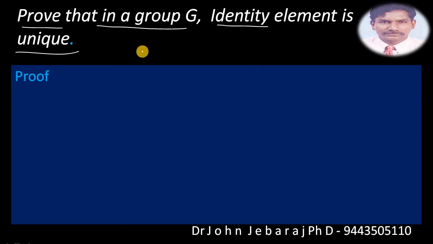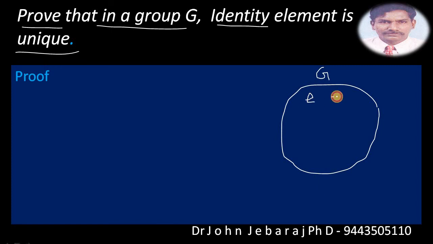Now let us prove it by this diagrammatic way, and afterwards we will prove it by the algebraic way. Suppose G is a group. In that group, suppose I am taking E and E dash as two elements. First, E is an identity element, and E dash is not an identity element.